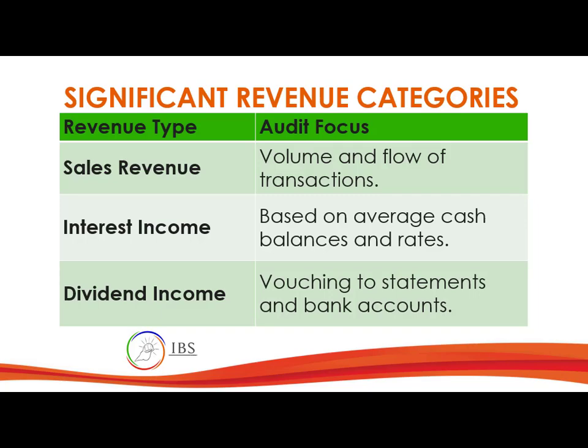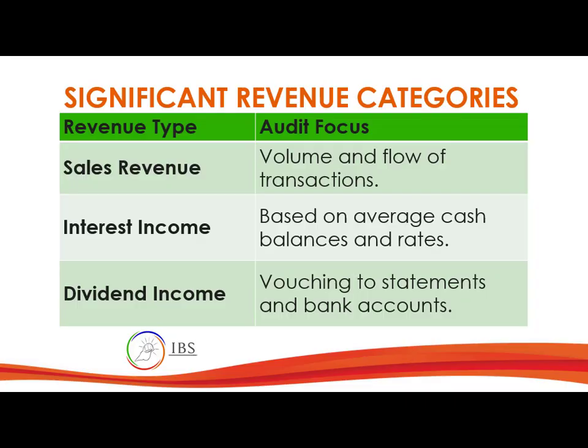Okay, so significant revenue categories: we have sales revenue, interest income, and dividend income. For dividend income, a simple audit procedure you can do is to vouch the dividend income amount presented in the financial statements to the bank account. Because if you invested money in companies, the companies will pay you and deposit that money to your bank account.